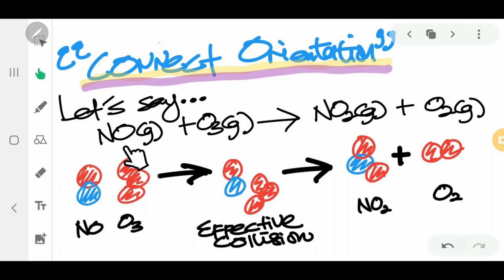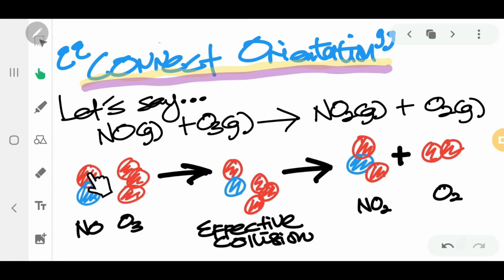Let's say we have this reaction where NO gas plus O3 gas make NO2 gas and O2 gas. If you want NO gas and O3 gas to react and make your product, the molecules of NO and O3 have to collide at the correct orientation.